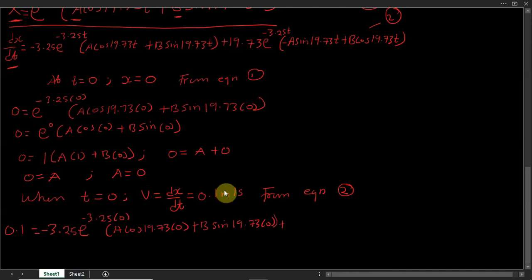This should give us 19.73 e raised to the power negative 3.25 times 0, multiplying negative a sine of 19.73 times 0, plus b cos 19.73 times 0.